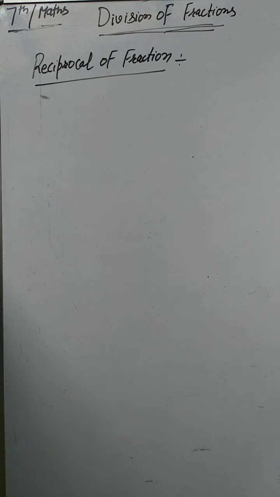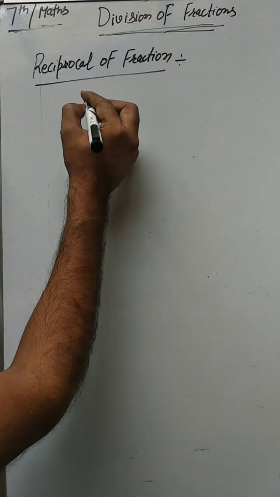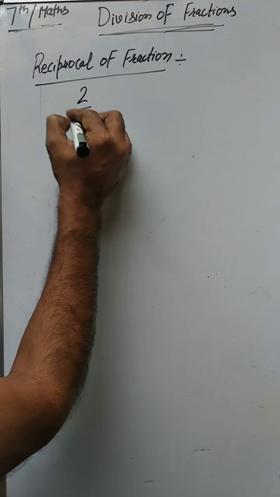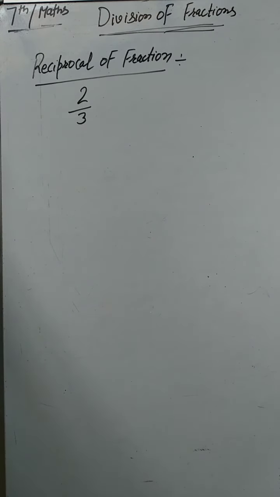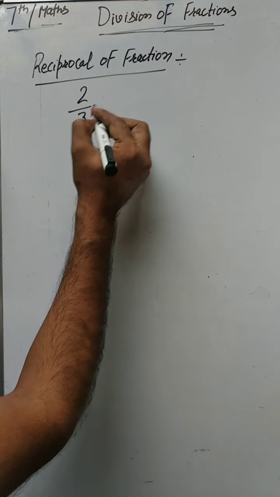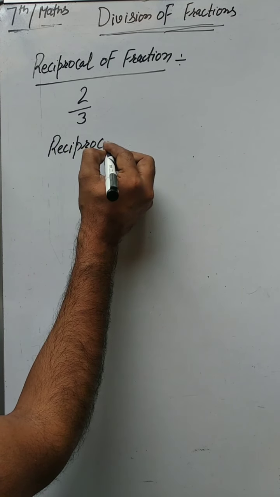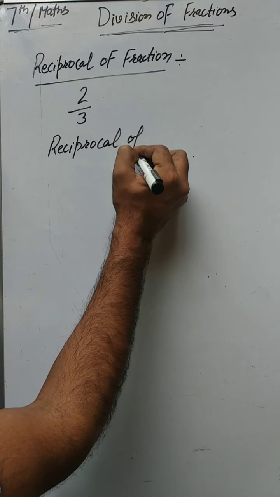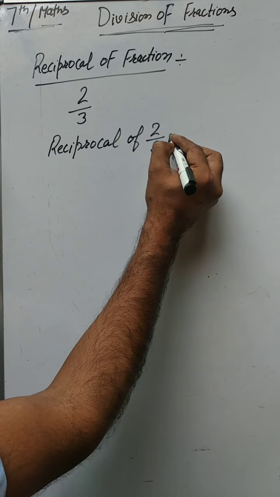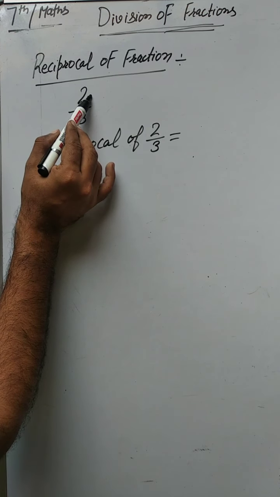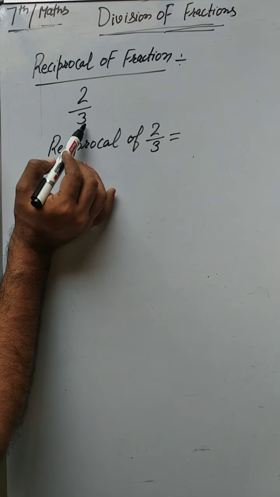Now beta, suppose I have a fraction 2 upon 3. I want to find its reciprocal. Then simply you have to change denominator into numerator and numerator into denominator.